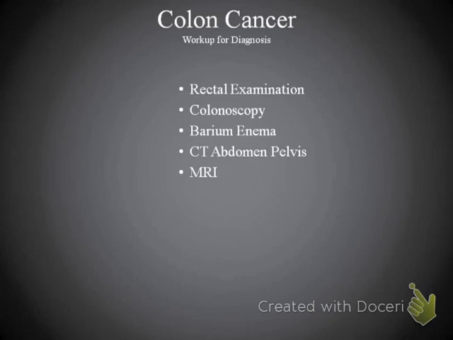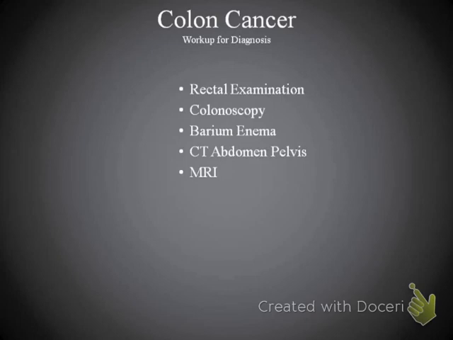However, I have seen several times where physicians haven't been able to do a full colonoscopy simply because of a mass, which leads to other things such as barium enemas, CT abdomen pelvises, and MRIs. Typically, it used to be that barium enemas were the favored exam. However, now with the many things that we can do with CT and provide adequate imaging, CT abdomen pelvises kind of gain precedence here.